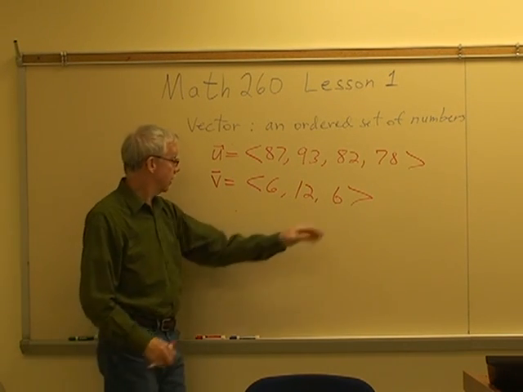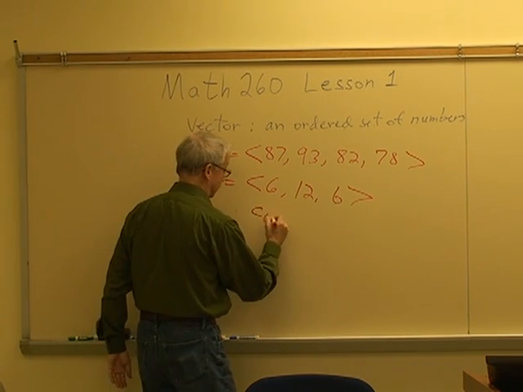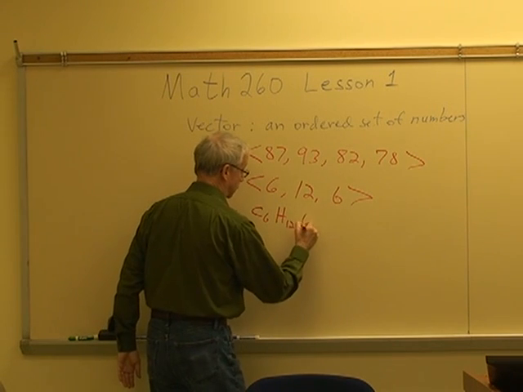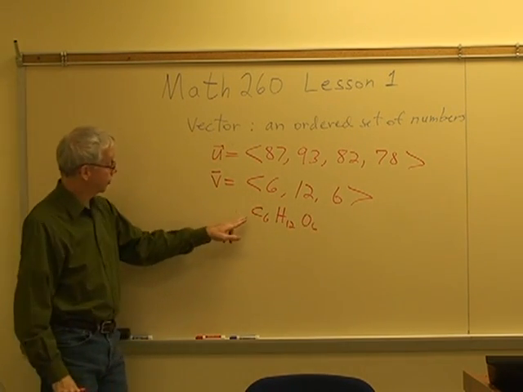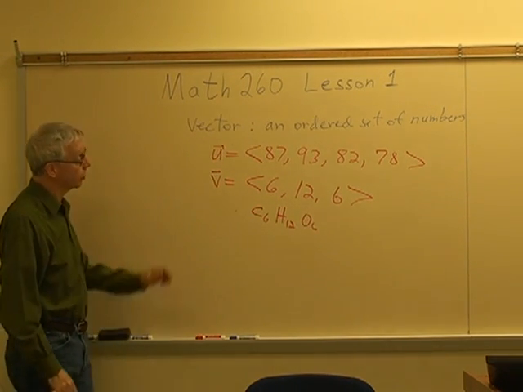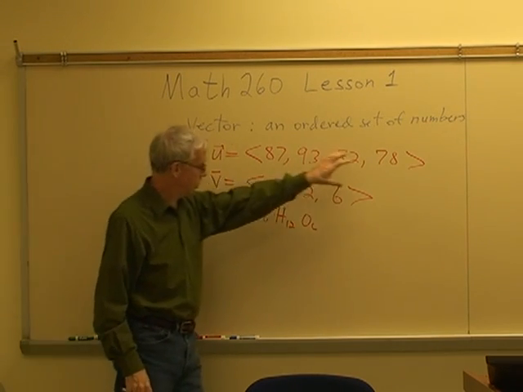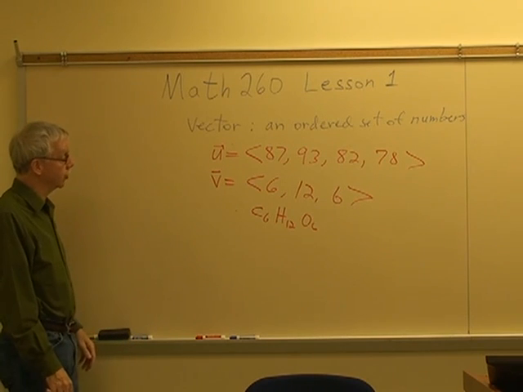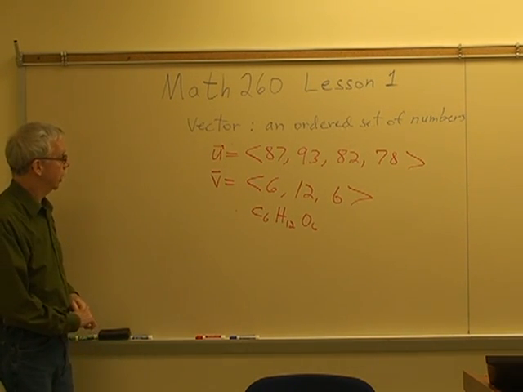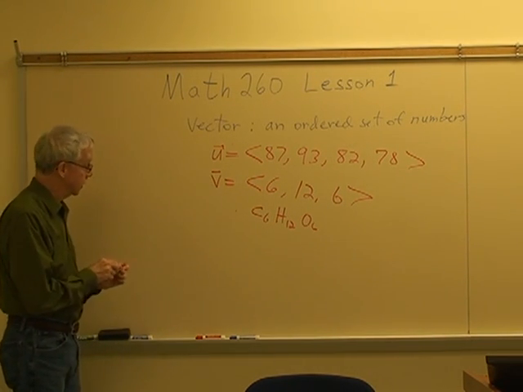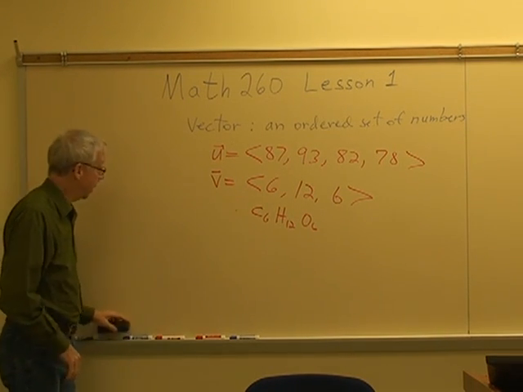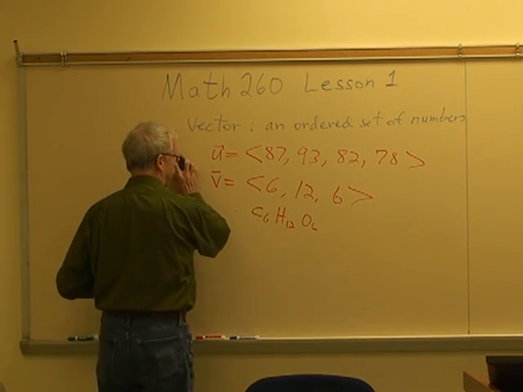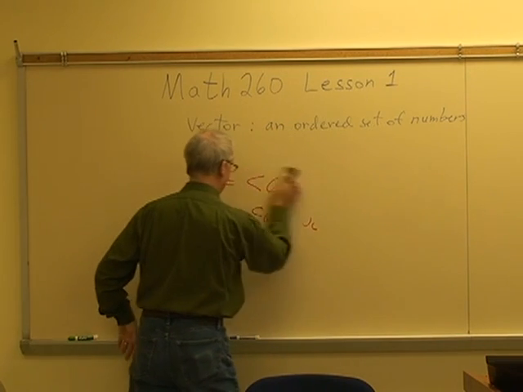This could be a vector that represents the chemical C6H12O6, etc. So when I use just the algebraic look at vectors, they can represent all kinds of things, not necessarily having a geometric idea. So let's finish up today with just a couple of examples that we can work.